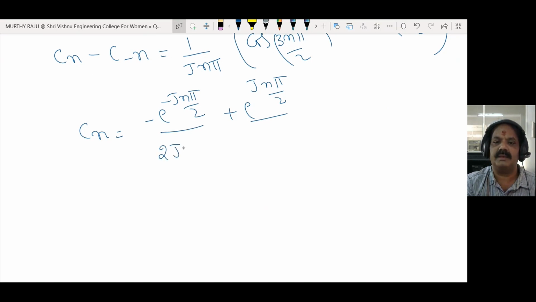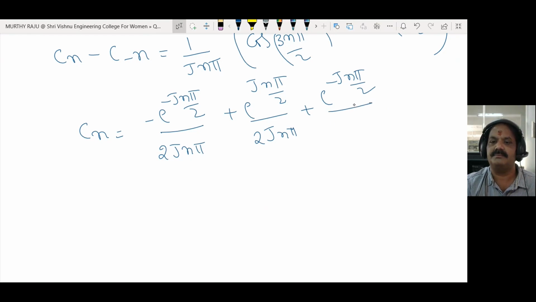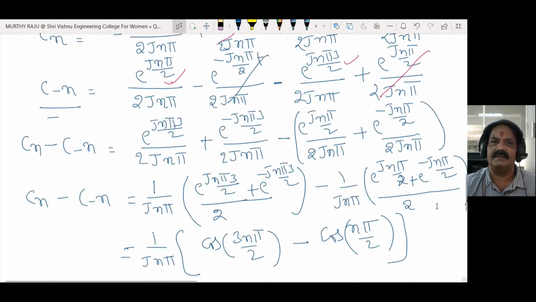So here 2j n pi, here 2j n pi, plus e power minus j n pi by 2, 2j n pi, minus e power minus j n pi 3 by 2, here e power minus j n pi by 2 by 2j n pi, e power j n pi by 2 by 2j n pi, e power minus j n pi 3 by 2 by 2j n pi, minus e power minus j n pi by 2 by 2j n. This is Cn.